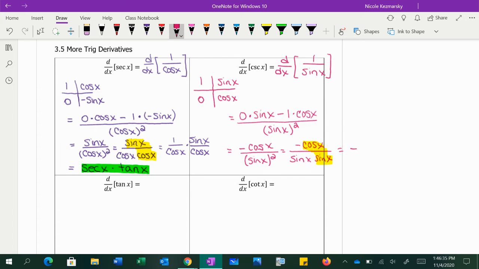I have 1 over sine, which is cosecant, and then cosine over sine, which is cotangent. And so this is the rule you memorize, that the derivative of cosecant of x is negative cosecant cotangent. And it's negative because when we did it the first time, we had 2 minus signs, right? The negative from the quotient rule and the negative because of the derivative of cosine. This time we only had 1 minus sign.